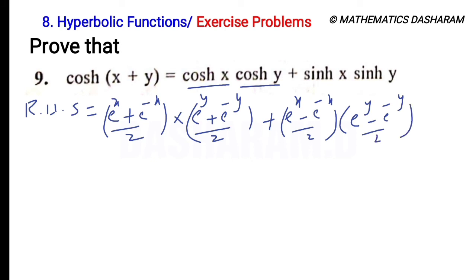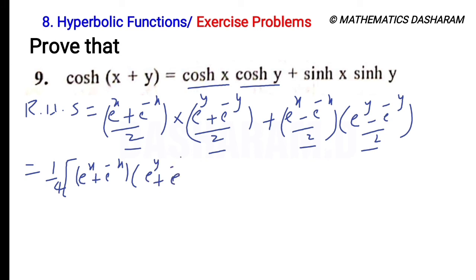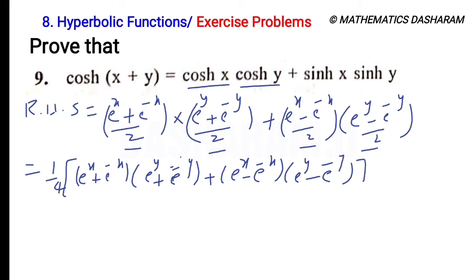So it is equal to, here 2 into 2 is 4, here also 2 into 2 is 4, then overall 1 by 4 is common, so e to the power of x plus e to the power of minus x into e to the power of y plus e to the power of minus y. Next, here e to the power of x minus e to the power of minus x into e to the power of y minus e to the power of minus y.